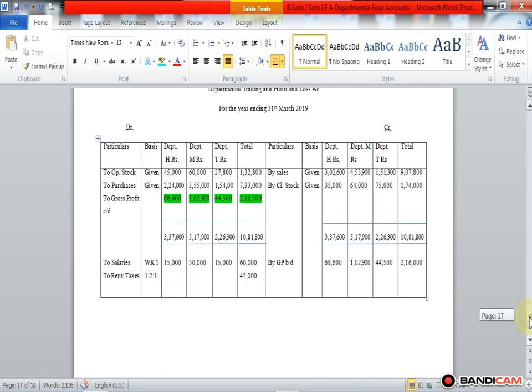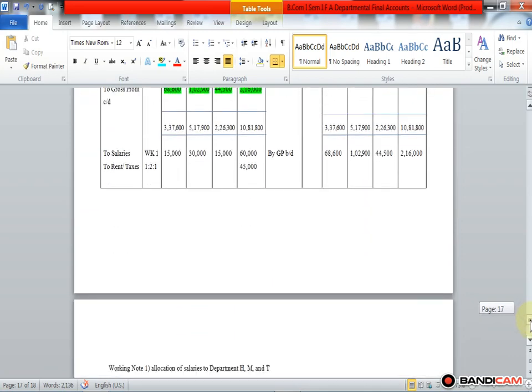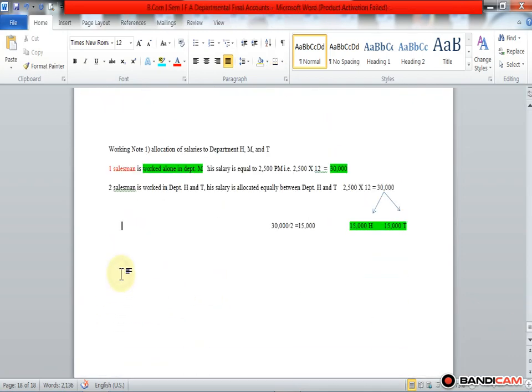The amount of rent and taxes is given, and the ratio is 1:2:1. So the total of this ratio is 4. Okay, 1 plus 2 plus 1, 1 plus 2 is 3, plus 1 is 4.